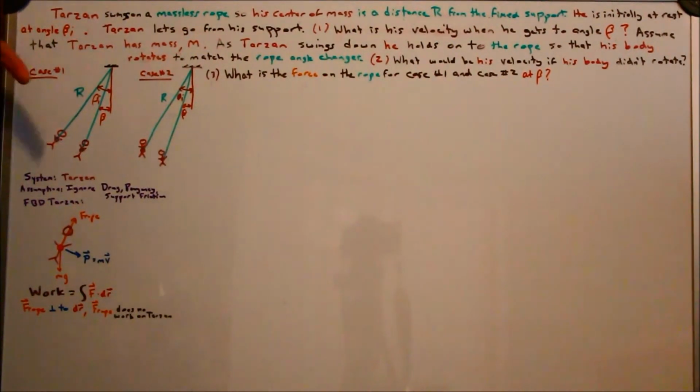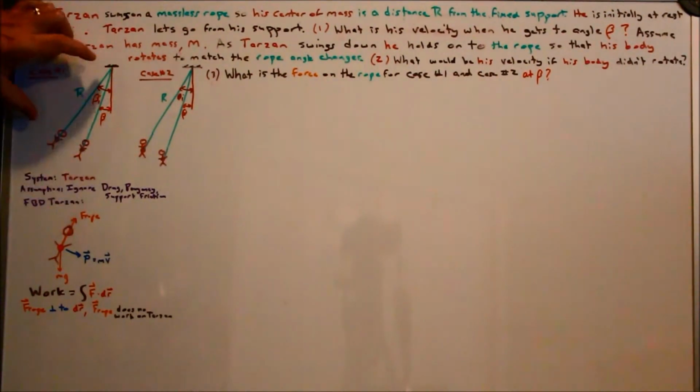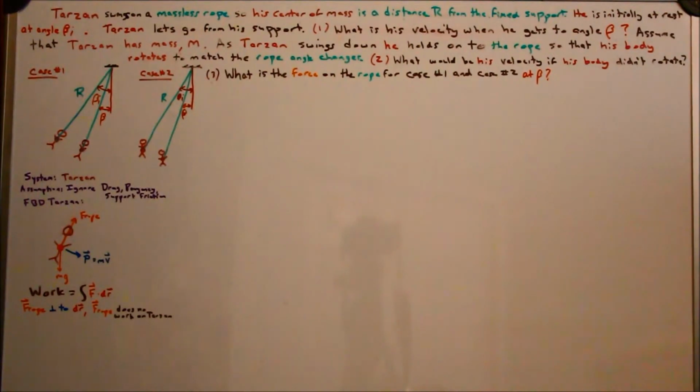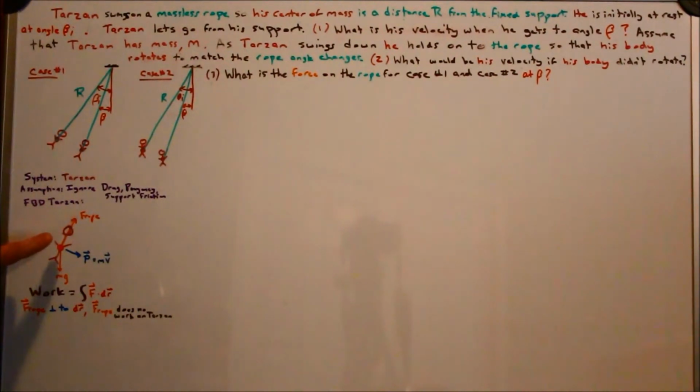You can think of it as an object whose center of mass is revolving around a point. Work is the integral of F dot dr, and for the rope force and the dr, his change in position at any moment in time, they're perpendicular. So the rope force does no work on Tarzan.